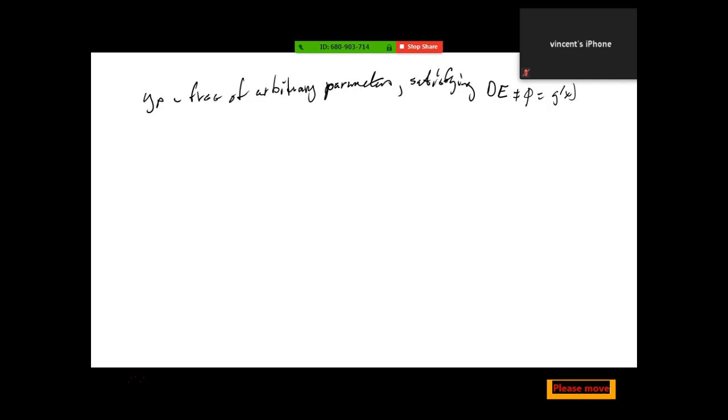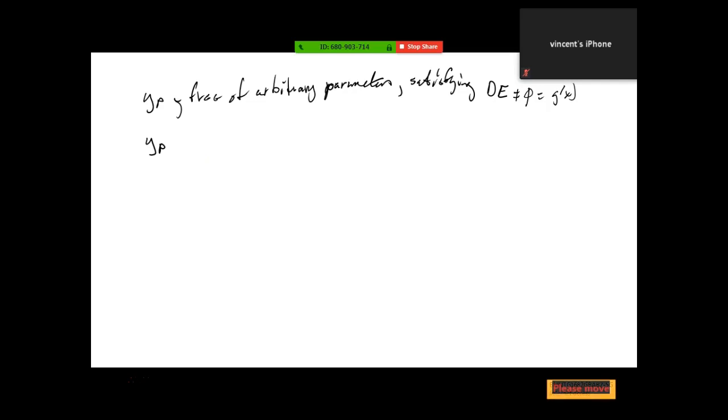Now, so y sub p, free of those arbitrary parameters, like your c1, c2, and c3, they don't have those, but it still satisfies the equation. Here's one for instance. y sub p, we call it a particular solution. That's what the p stands for. We hit it earlier, and they mentioned it here too.